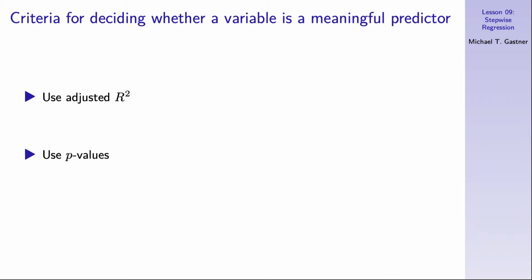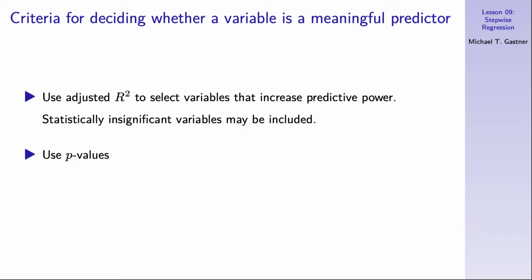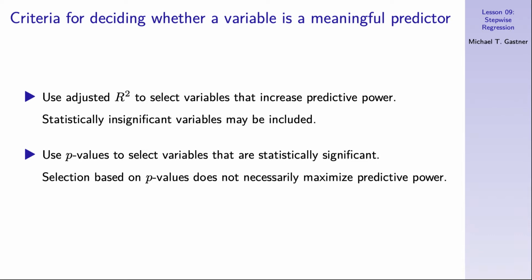On the one hand, we use the adjusted R-squared to select variables that increase predictive power at the cost of possibly including statistically insignificant variables. On the other hand, if we are interested in selecting variables that are statistically significant, then we use p-values. However, selection based on p-values does not necessarily maximize predictive power.